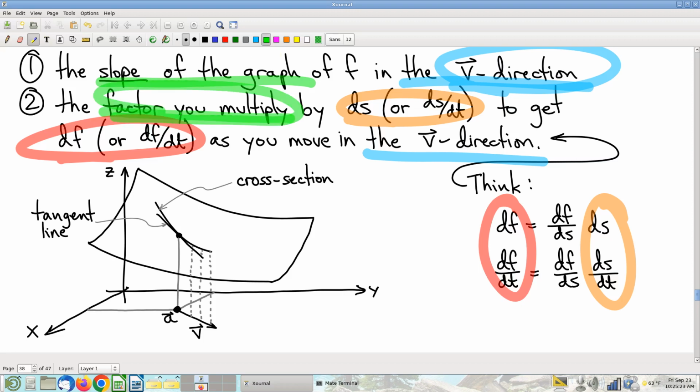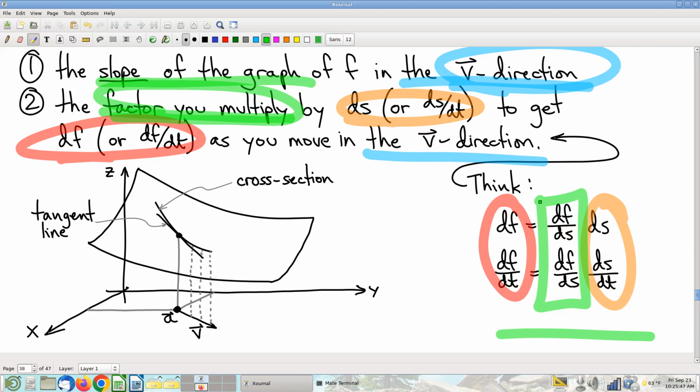Okay. So the directional derivative is that multiplicative factor. It's what you multiply. But if you look over at this algebra over here, what should we call the thing that we multiply by ds to get df? Or the thing we multiply by ds dt to get df dt? In both cases, I think it makes pretty good sense to call it df ds. Right? You just kind of connect the dots, as it were. It seems like a reasonable thing to call it.